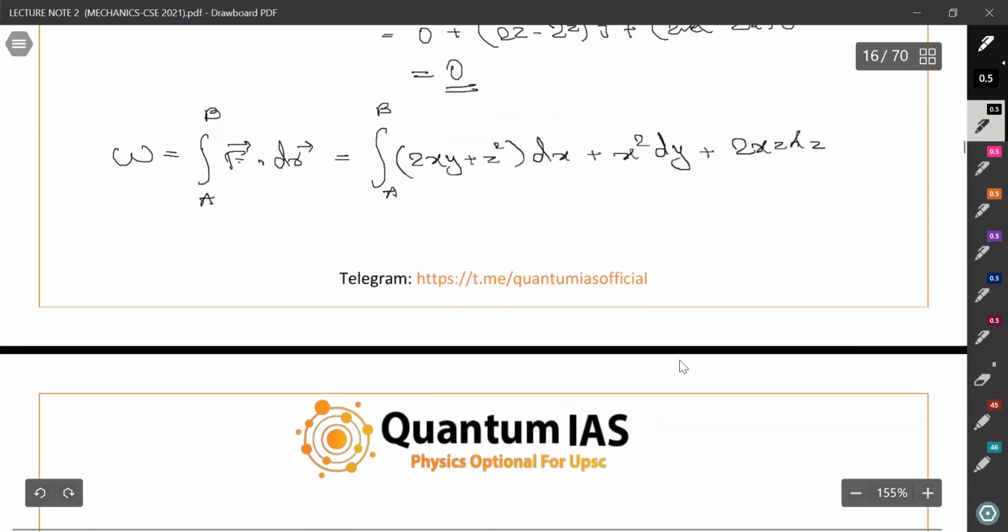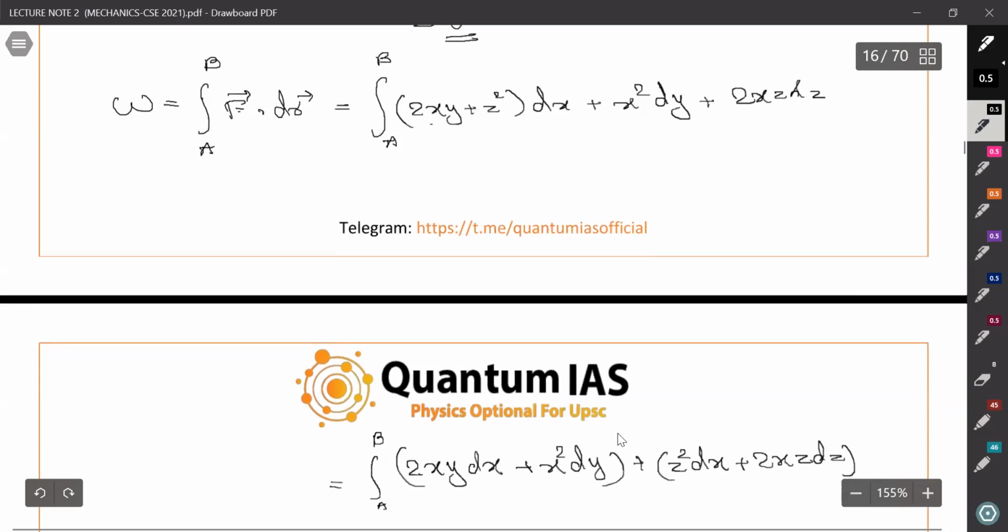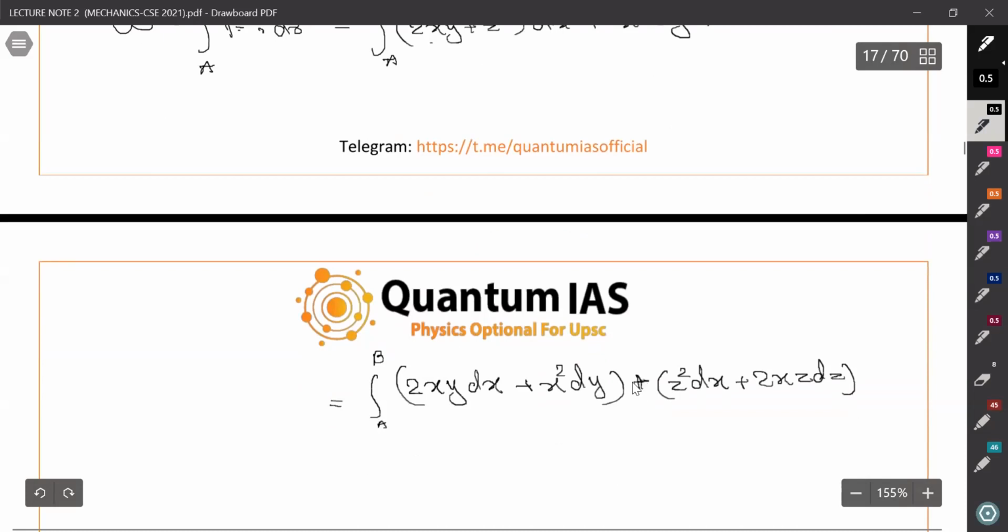So what we can do is rearrange the above. So I am writing it here only. A to B, just rearrange these things. 2xy dx plus x square dy as one, and the same z square dx plus 2xz dz.